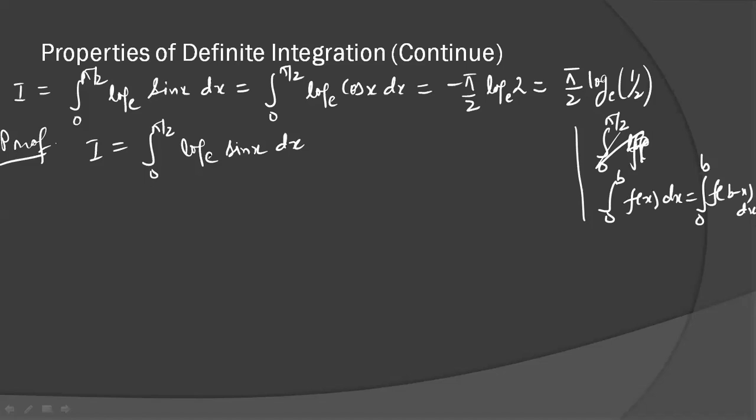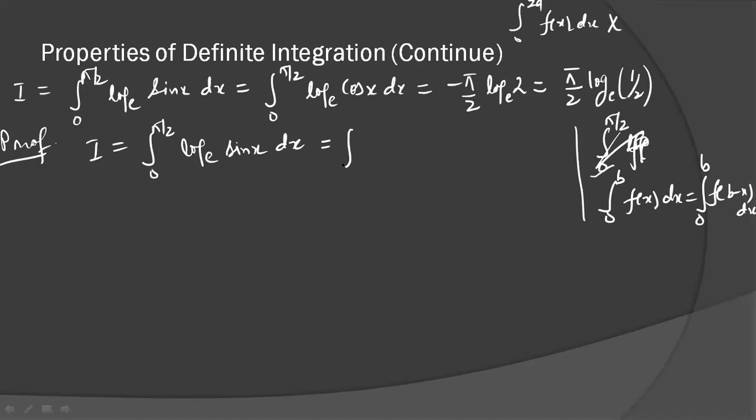At the boundary the function is not defined, but we can still find the integration because the integral will be defined. We can find it by the property of the integration. At pi by 2 its value is 1 and at 0 the value is 0. So the property of 0 to 2a f(x) dx is not useful here. This property is useful here.